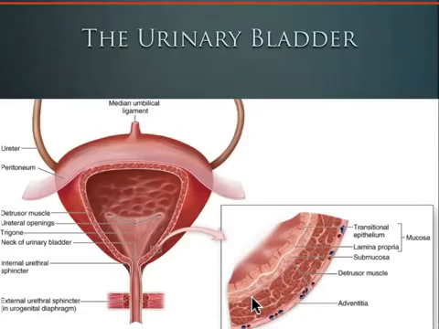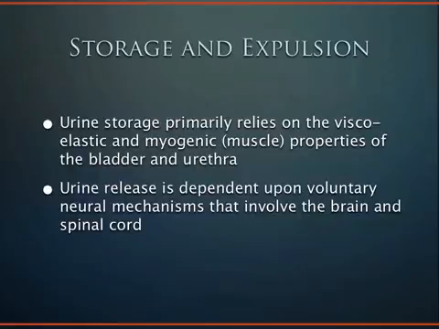And basically, it responds to the impulses of the autonomic nervous system and actually involuntarily contracts. And so the method in which the urine is stored and then eventually expulsed involves a complex extrinsic neural regulation mechanism. The storage component really relies upon the elastic and the muscular properties of both the bladder and the urethra, whereas the release component is really dependent on the voluntary neural mechanisms that you control with your brain and your spinal cord.